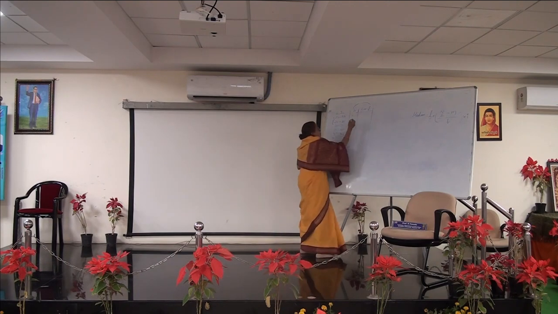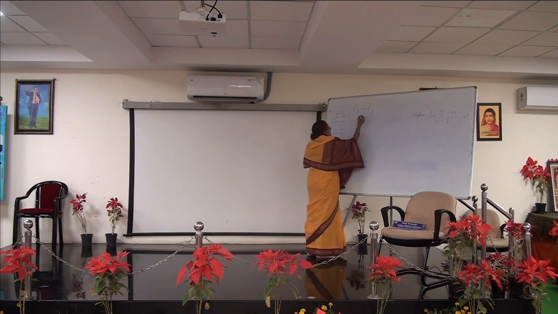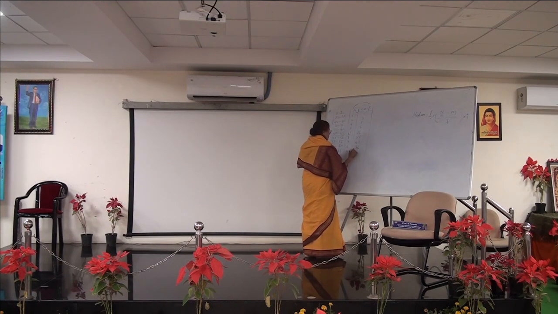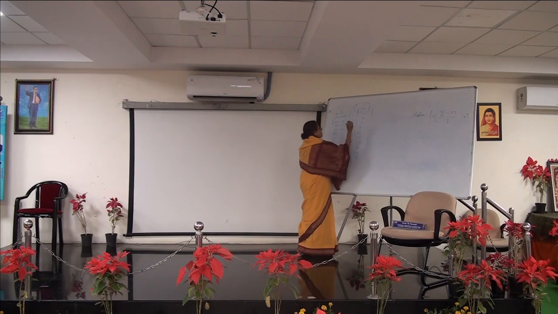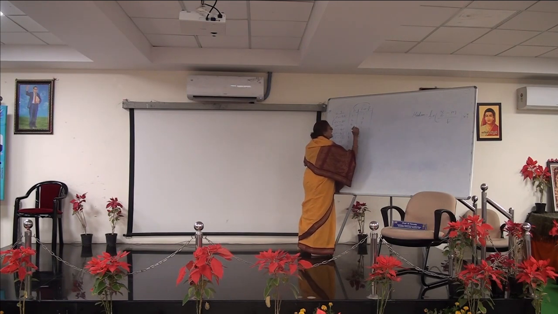So to know that we have to find out the cumulative frequency: 1, 3, 7, 15, 26, 35, 42, 46, 49 and 50. Up to here only 15 candidates are there.